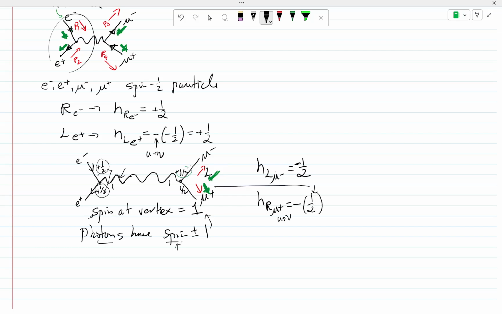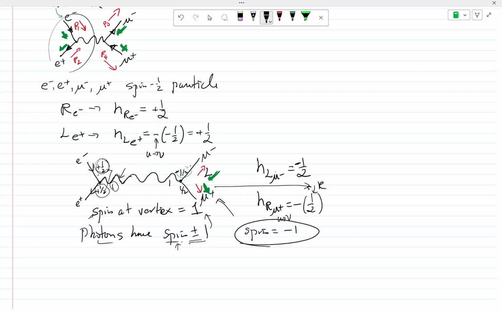So this comes out with a net spin of negative 1/2, negative 1 overall. Since you came in with a spin of 1, the photon can change the spin along the z direction to negative 1/2. So this is okay.